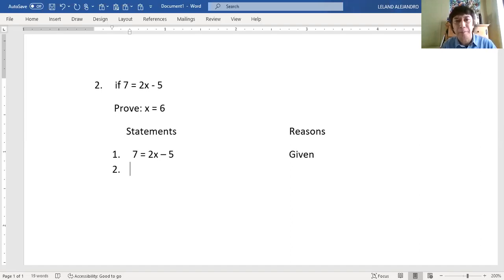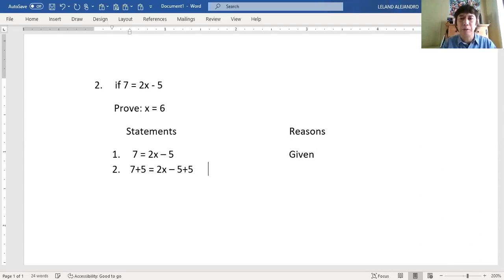For the second, you shall try to isolate right away the x term by way of adding 5 to both sides. So we'll be using addition property here. So we're going to have like 7 plus 5 equals 2x minus 5, and we have to add 5 here.